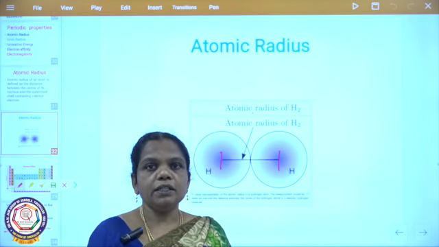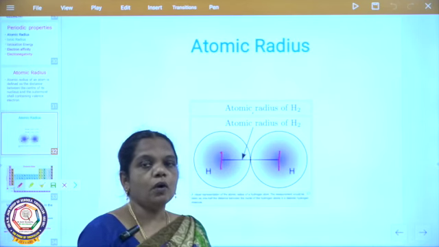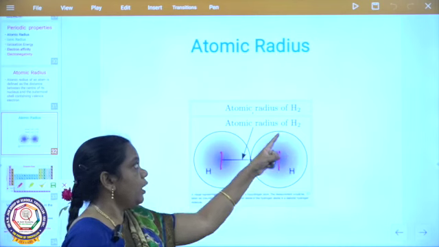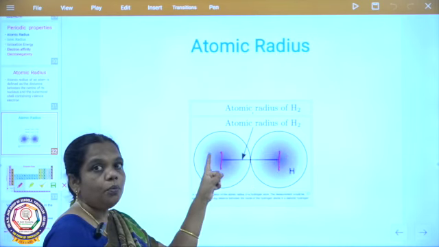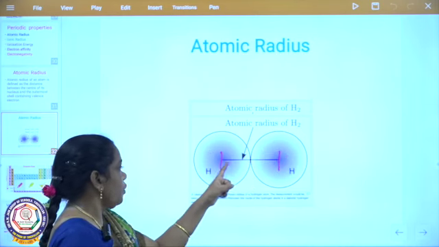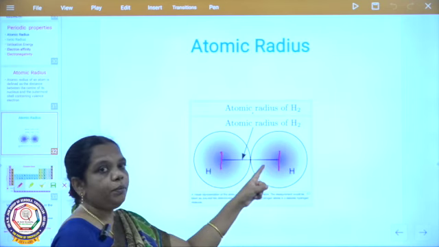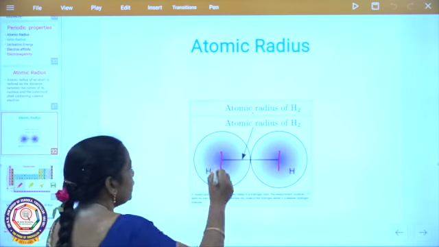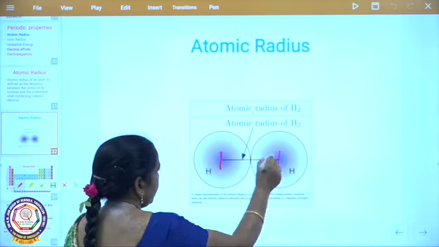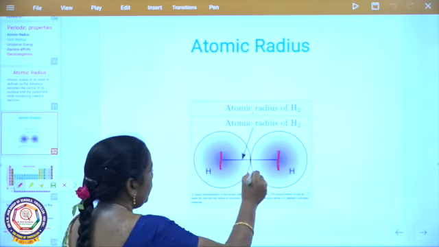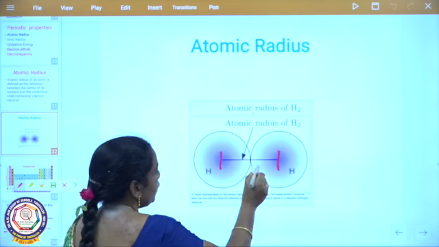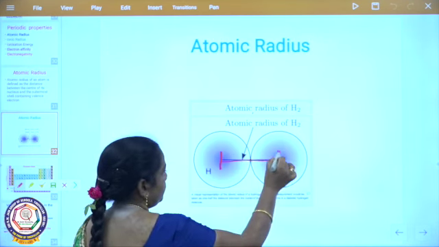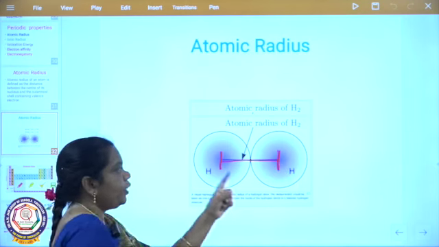Covalent radius means the molecule is formed by a covalent bond. Here you can see a hydrogen molecule. Hydrogen molecules are formed by covalent bonding. So in this case how can we measure it? The atomic radius is taken as 1/2 of the distance between the nuclei of the hydrogen atoms in a diatomic molecule.